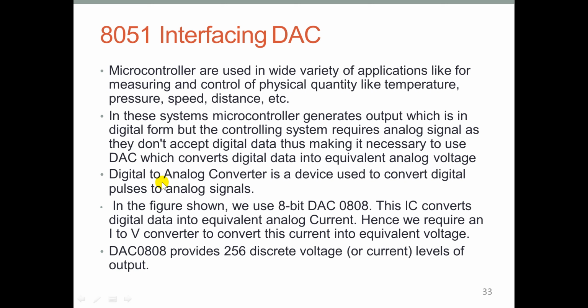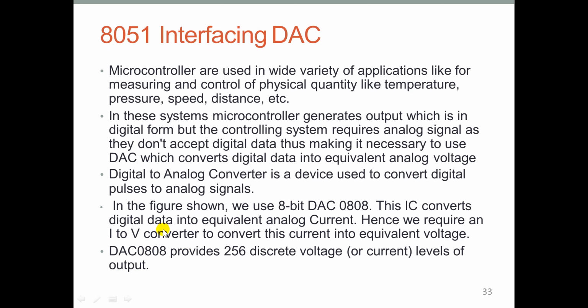So we make use of a digital to analog converter, which is a device used to convert digital pulses to analog signals. In the next figure we show an 8-bit DAC, the 0808, which is the model number. This IC converts digital data into equivalent analog current, hence we require a current to voltage converter to convert this current into equivalent voltage.